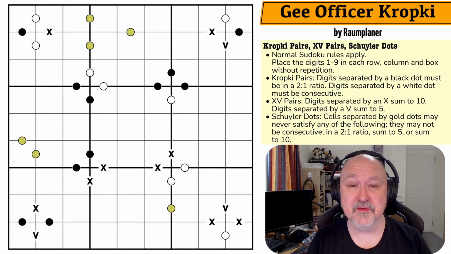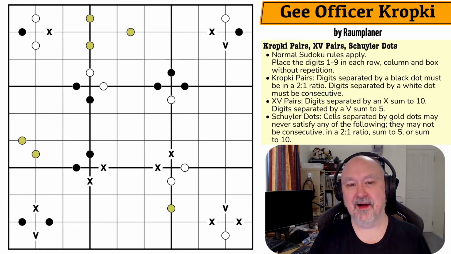a video that was released on my channel only a couple of days ago, which was the 3 Fundamental Truths puzzle from the Hamilton Sudoku series, where a new dot was introduced, the Schuyler dot. Someone said, oh, we should see more puzzles with this. So here you go.